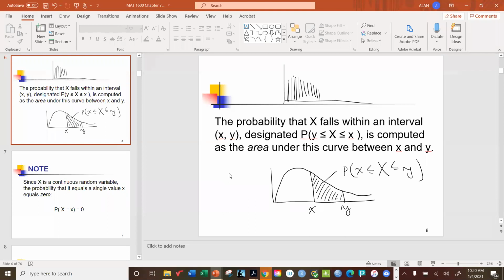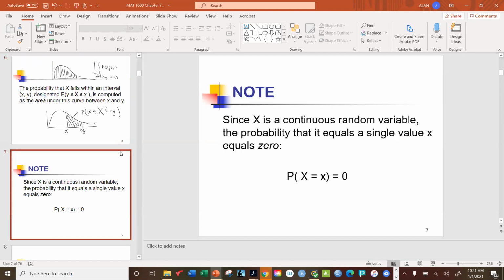Ideally, they'd all be sitting right on top of each other, but let's just say a line has a height, but the width of a straight line is 0. So when we're dealing with continuous distributions, we're going to make the following statement. The probability that x equals a specific value is defined to be 0.